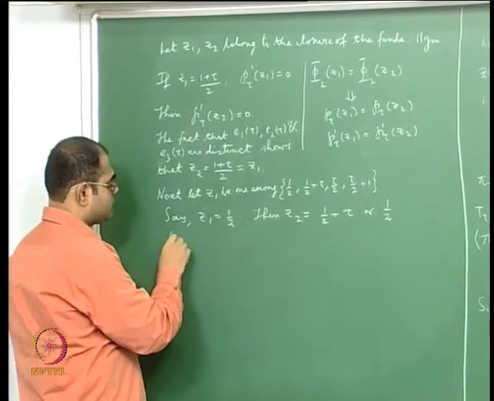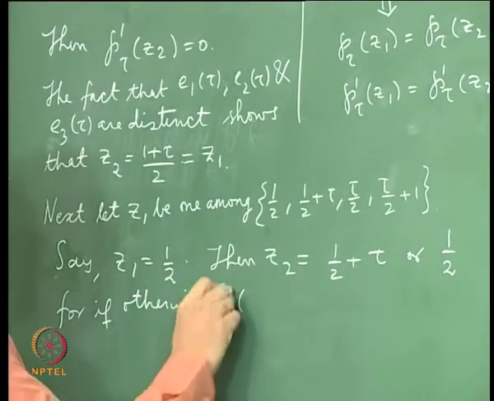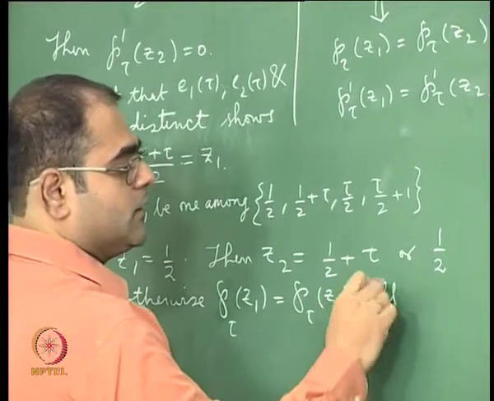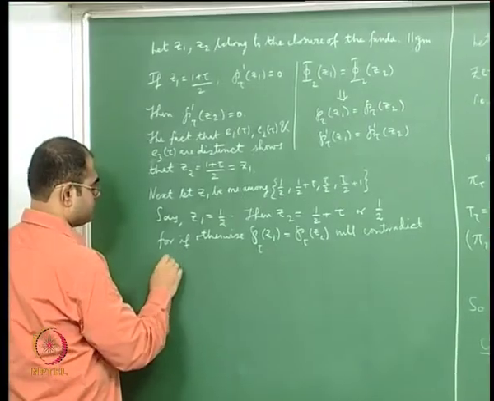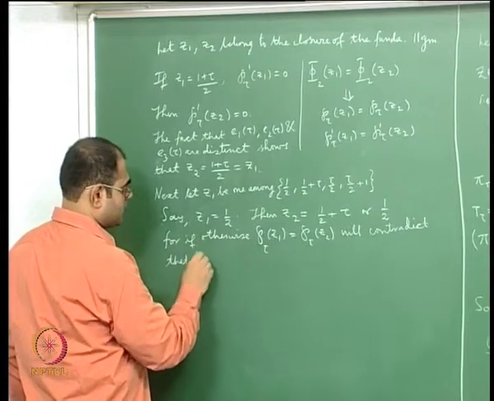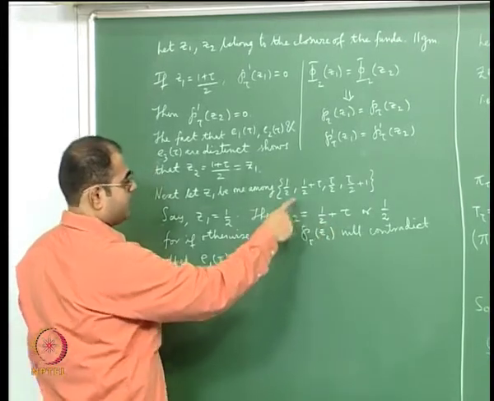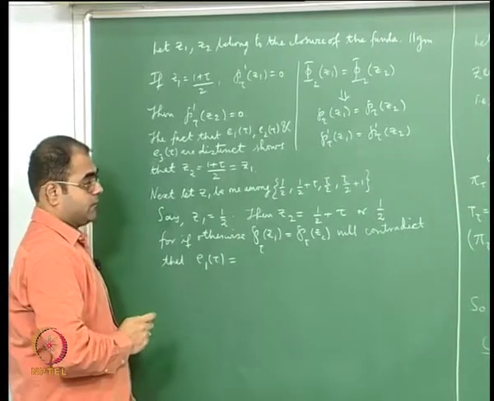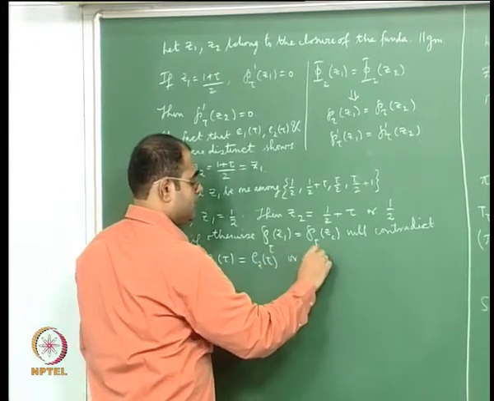For otherwise, phi tau of z1 equal to phi tau of z2 will contradict the distinctness, because phi tau at half is E1 of tau, and you will get phi tau at any of the other 2 points, which are tau by 2 or tau by 2 plus 1, as E2 of tau or E3 of tau.